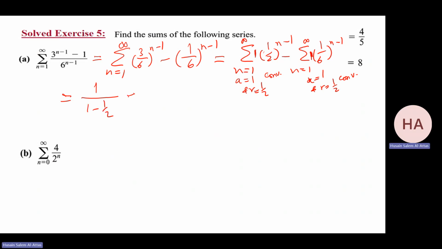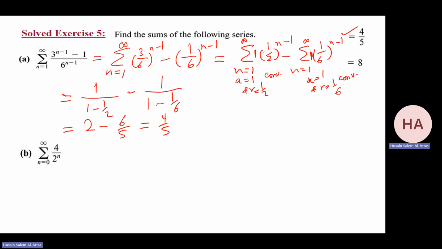This is the first one. Minus 1 over 1 minus 1 over 6. That gives me 2 minus 6 over 5, which is 4 over 5, which is this one.